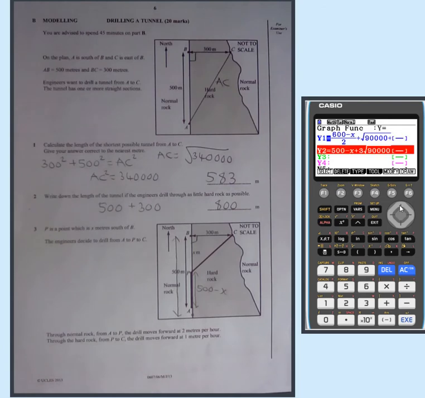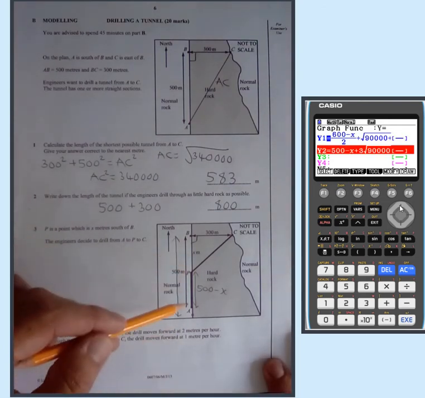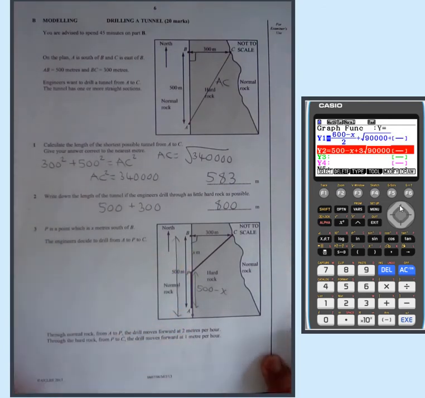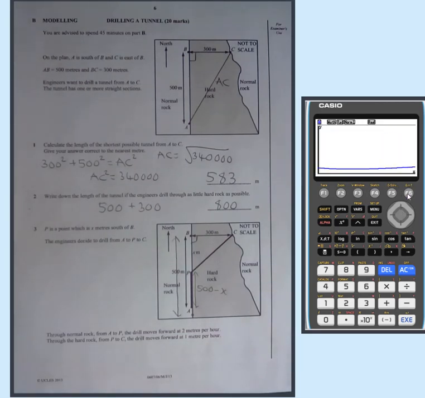If A was 600 away from P, what would happen then? So let's have a look. And there's a graph like that. And if we do a G-solve for the minimum, that is the same number. So X would still be 173 meters south of B to minimize the time.